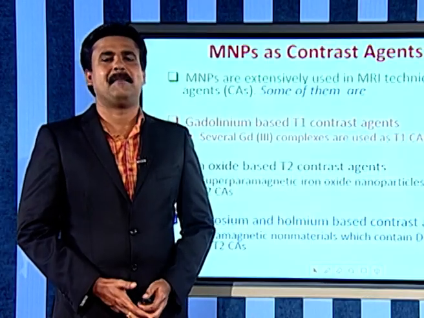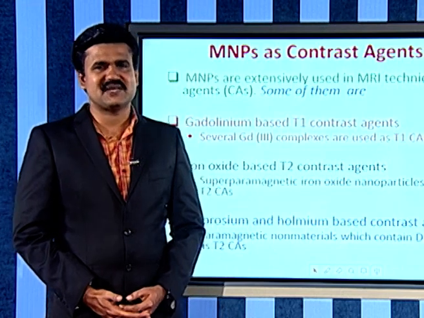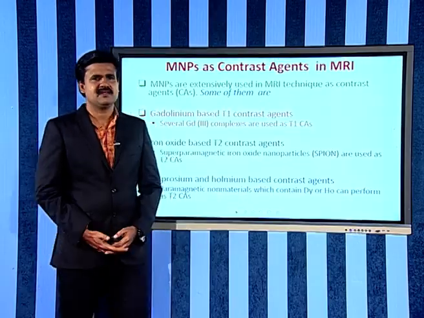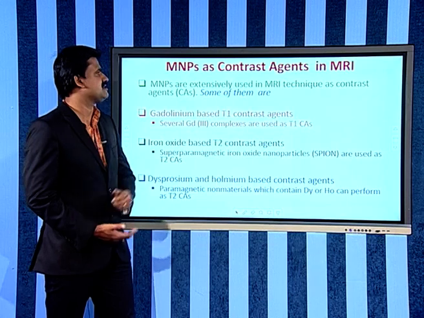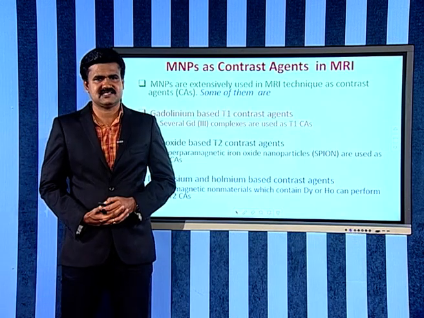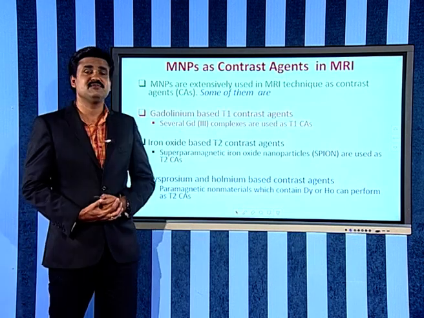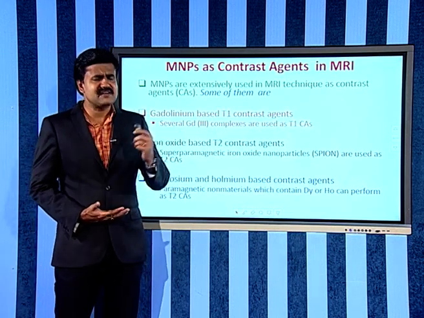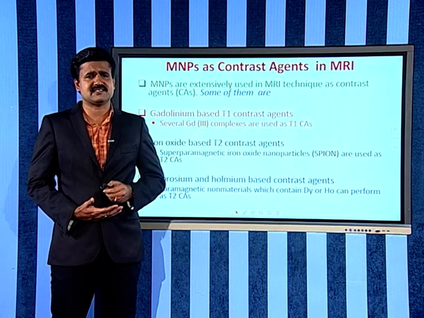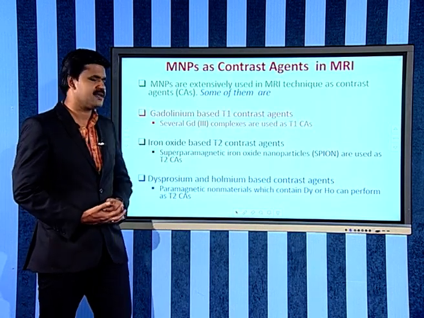Application of magnetic nanoparticles as contrast agents in MRI. MNPs are extensively used as MRI contrast agents. Some examples are gadolinium based T1 contrast agents. Several gadolinium 3 complexes are used for this purpose.